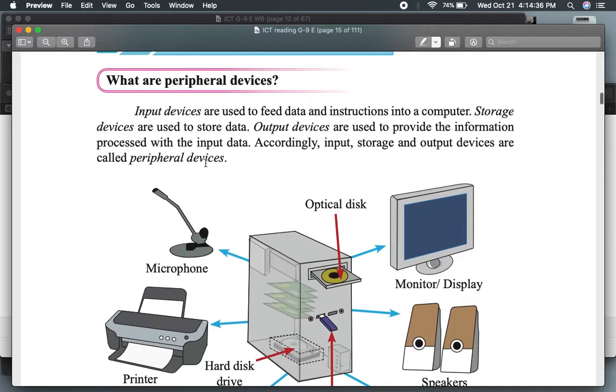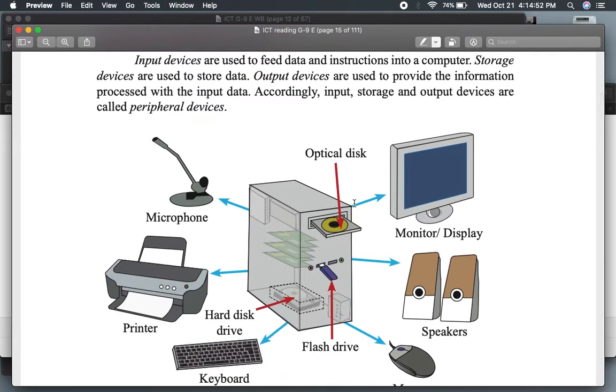So basically, input devices, output devices, and storage altogether are called peripheral devices.